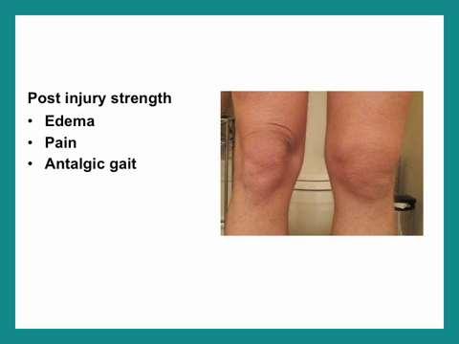And the more inhibition that you get of the quadriceps, the more pain you get. Then the pain will automatically cause a reflexive inhibition, which will show up significantly in the gait. So they'll have an antalgic or painful gait, which then can lead to more weakness or compensation. So those are the primary factors influencing post-injury strength.